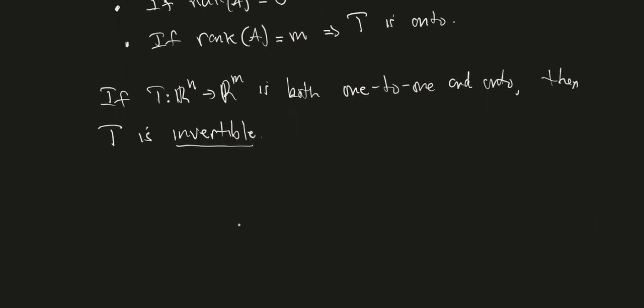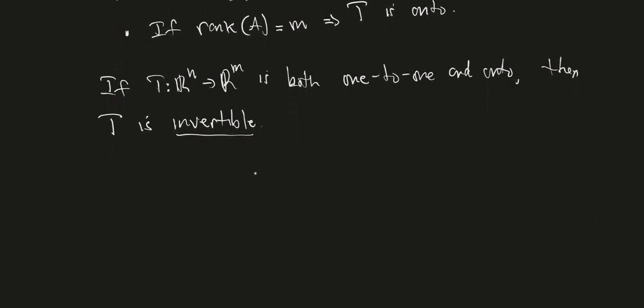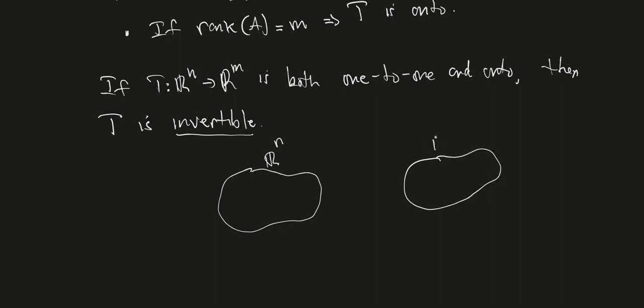Well, what does the inverse do? Let me again do my nebulous sketches of domain and codomain. So it's like this, right? Basically T is a transformation that takes elements of Rn and converts them into elements of Rm.